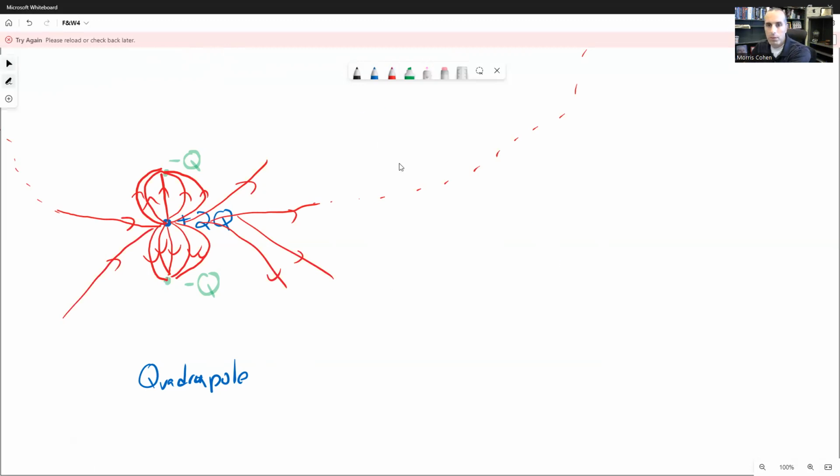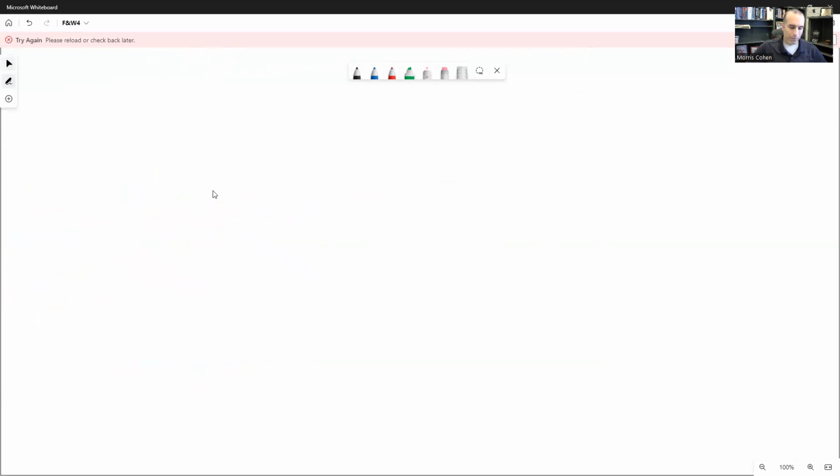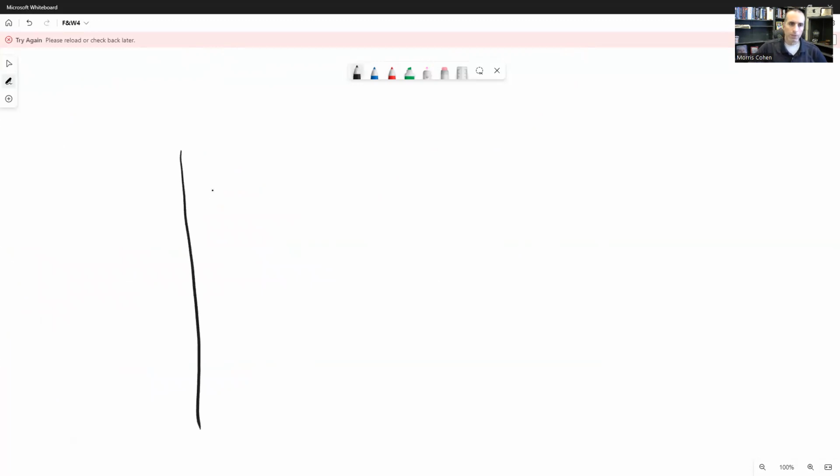All right. So next one to cover is an infinite line of charges. This is a line that goes off infinitely far, and along it is a distribution of charges. In this case, we're going to assume that distribution is constant along the line, so rho L is constant.